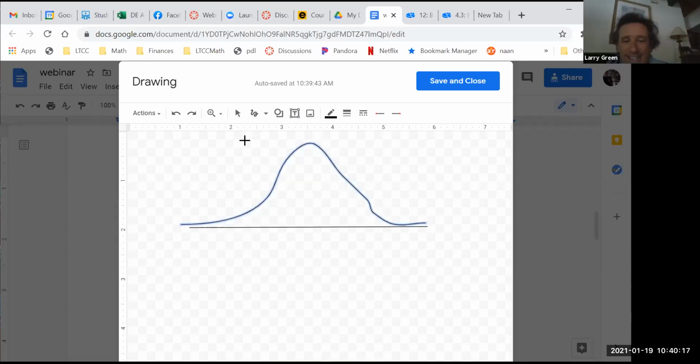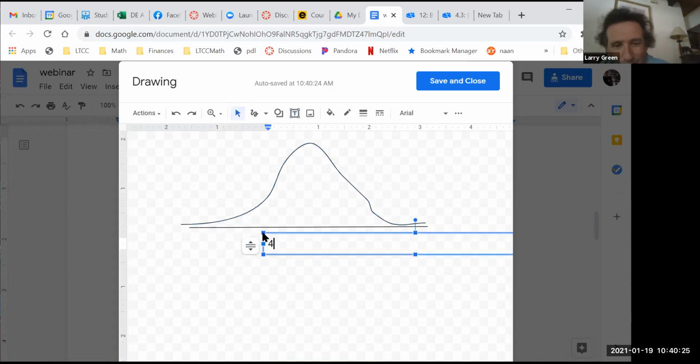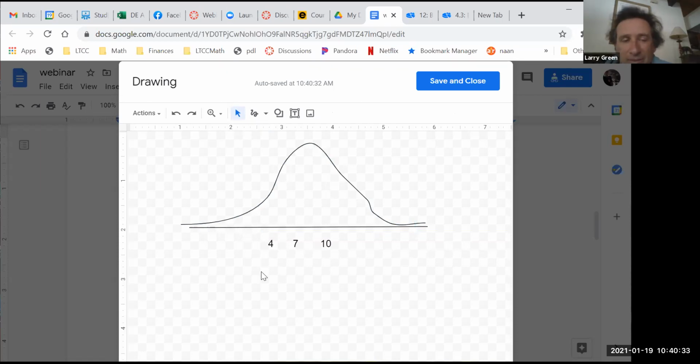So the idea is, let's say the numbers here: let's say that's 4, and that's 7, that's 10. Just putting some numbers in. Let's say you wanted the probability that it's between 7 and 10.